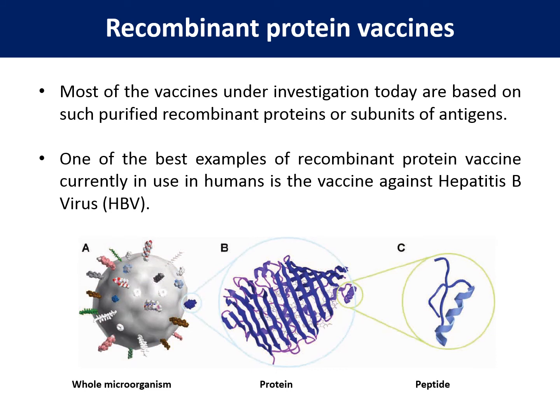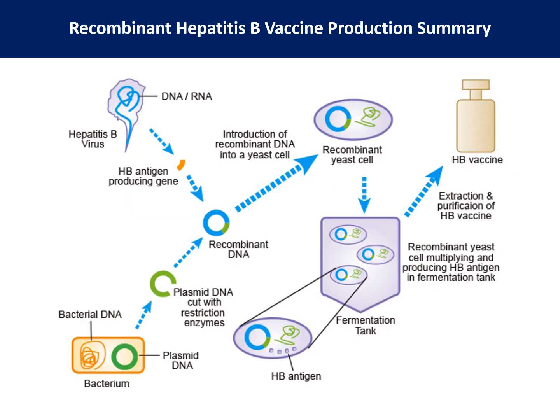So one of the best examples of the recombinant protein vaccines currently in use is the vaccine against hepatitis B virus, which is HBV. The current clinical-use vaccine for hepatitis B virus is produced by expressing the HBV surface antigen using the yeast expression system.